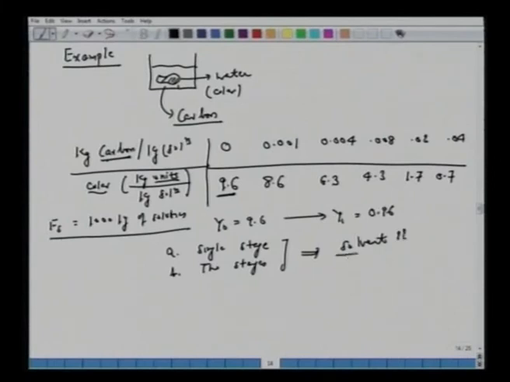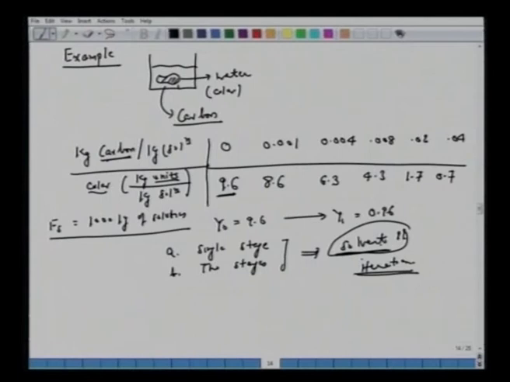This is a previous case, right? Whenever you have been given the stages and you are asked to find the solvent, the solution will require iterations. In general, you must have noticed this in the earlier class also. But if the amount of solvent is given, and you ask how many stages are required, then it's a straightforward problem. So here we will see graphically or analytically how we calculate the amount of solvent.